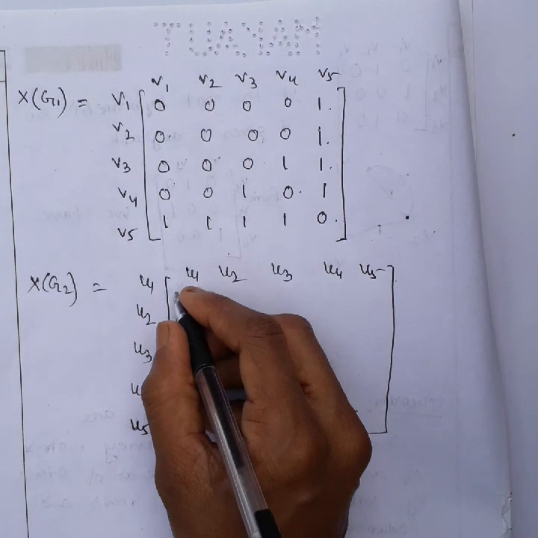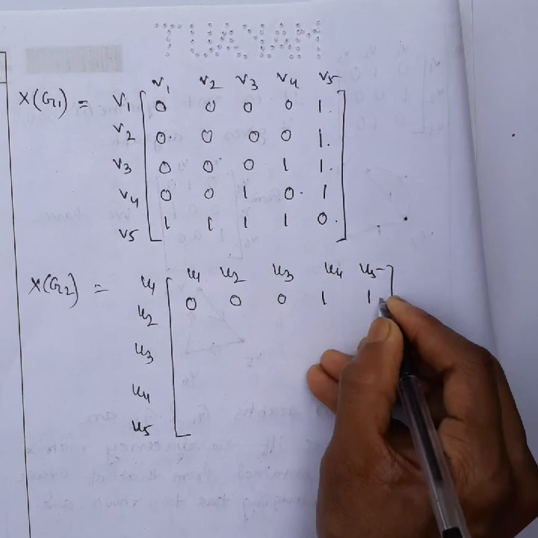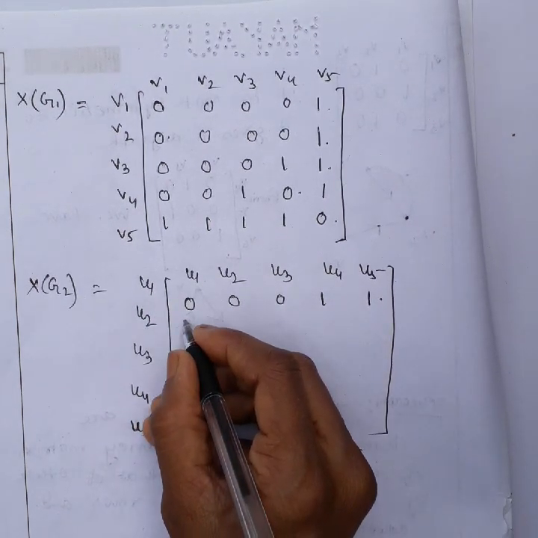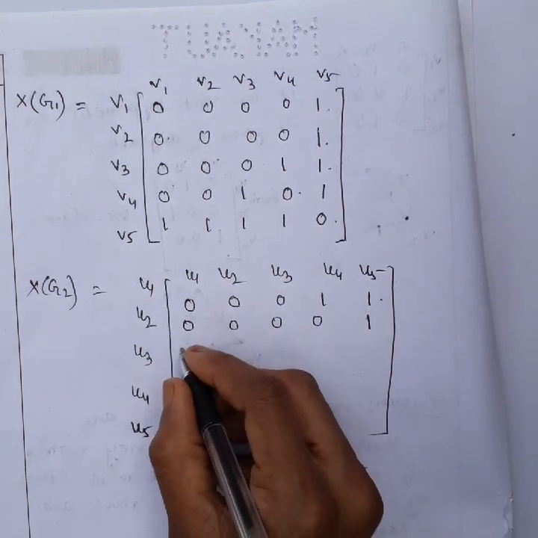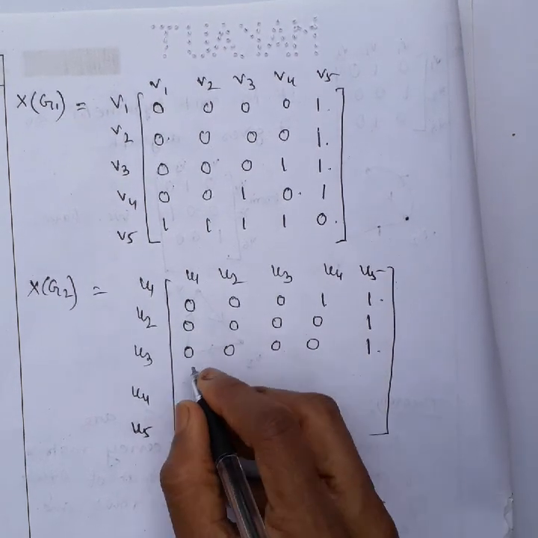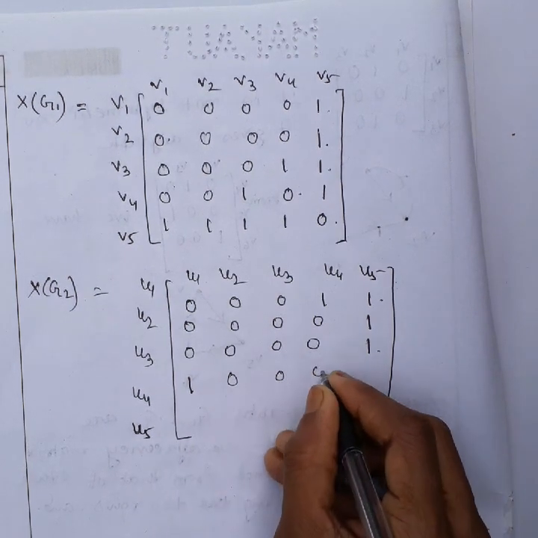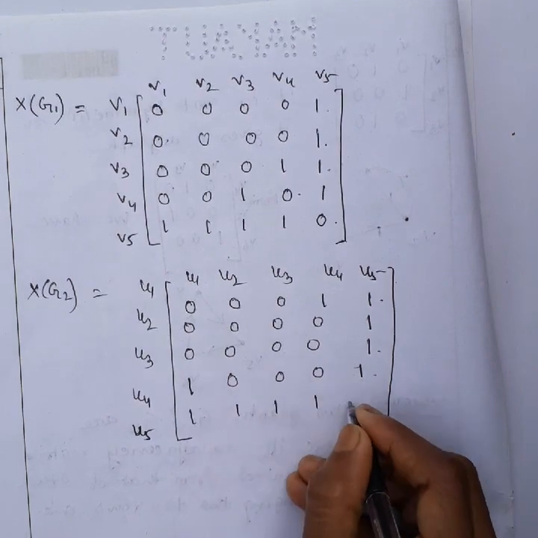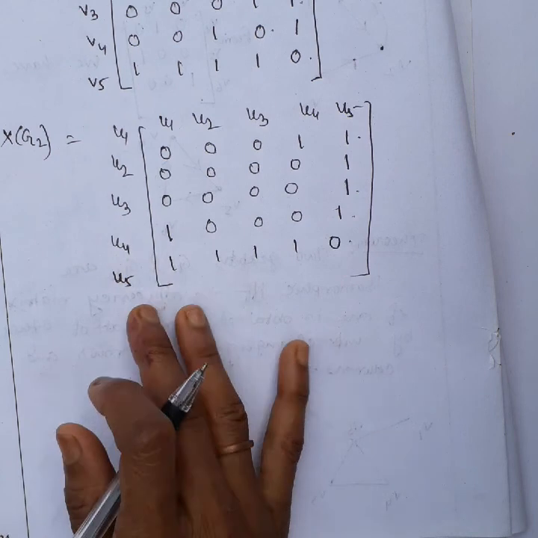Here U1 is connected to U4 and U5, U2 is connected to U5 only, U3 is connected to U5 only, U4 is connected to U1 and U5 only, and U5 is connected to all.